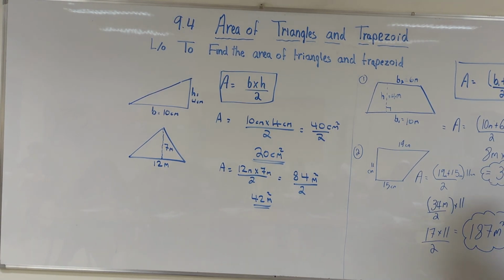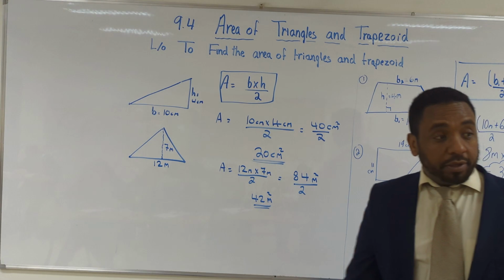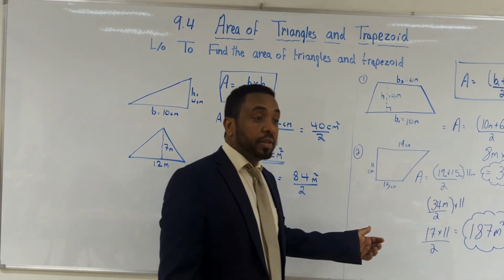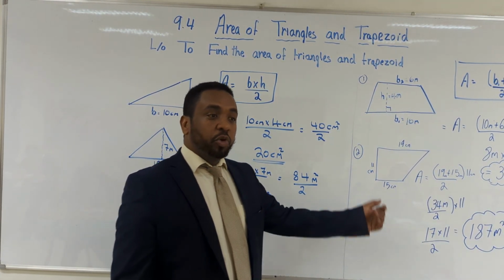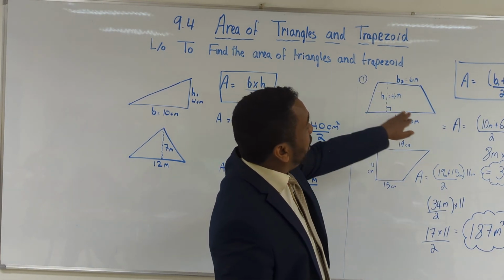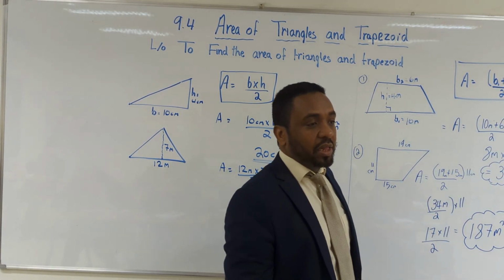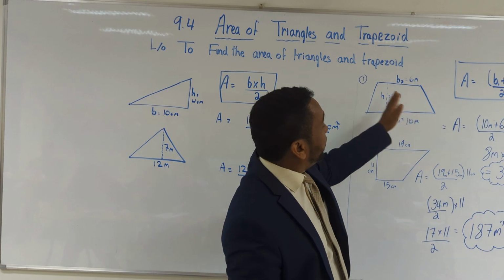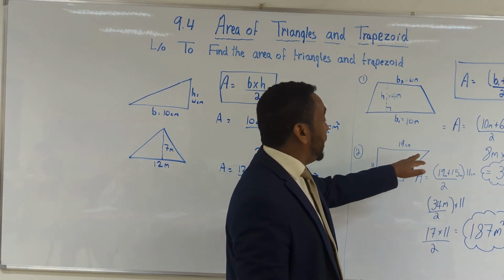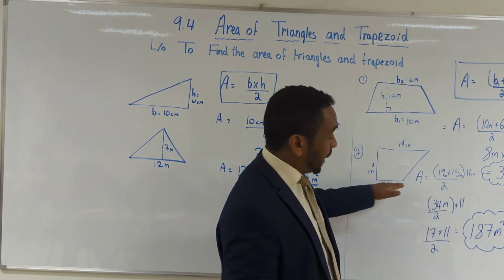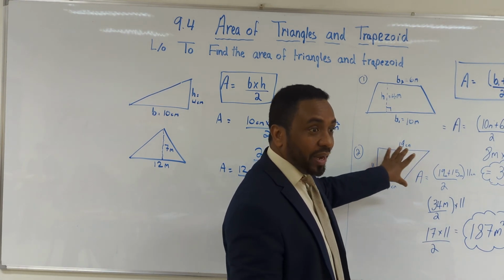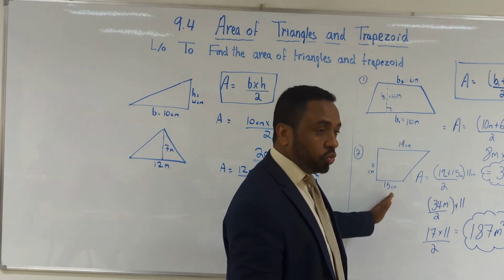Does that make sense? What doesn't make sense? I don't understand. Let me repeat for you so you can recap. We are using the formula, always write down the formula, and then we are answering those questions. You will be given the 2 bases, or the 2 parallel lines. You add those two.